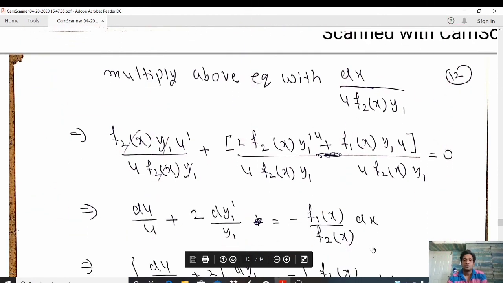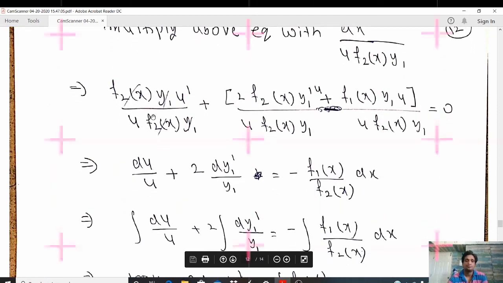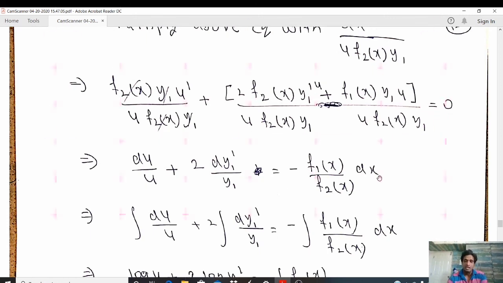Here u dash means du. I am writing the leftover terms here: u dash by u, 2 y1 dash, the derivative of y1 dash term by y1. Now I am writing the last term on the right side: minus f1(x) by f2(x) dx.